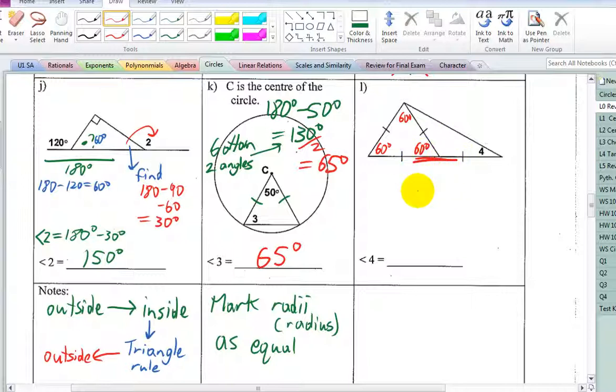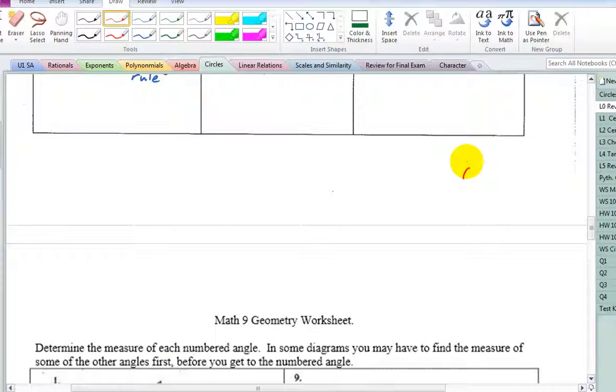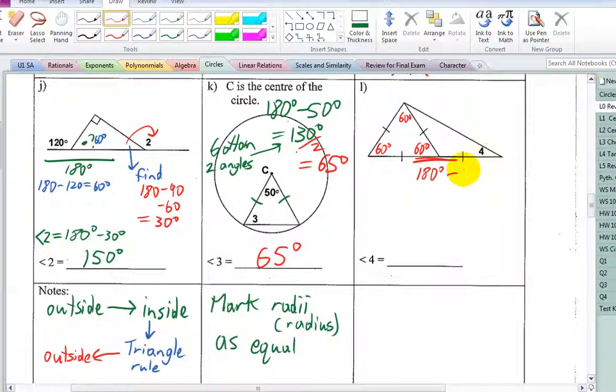What does a straight line equal? 180. So 180 minus 60. 120 degrees. Okay, this is just like K now.